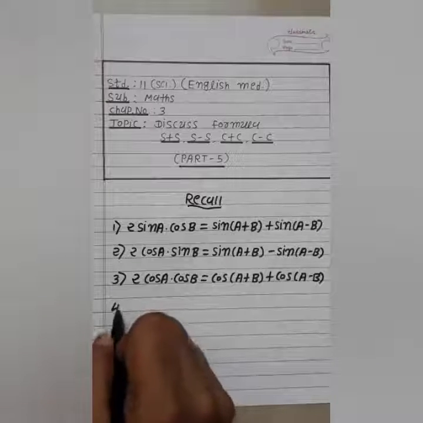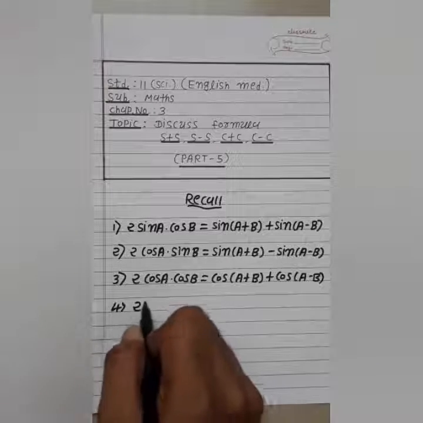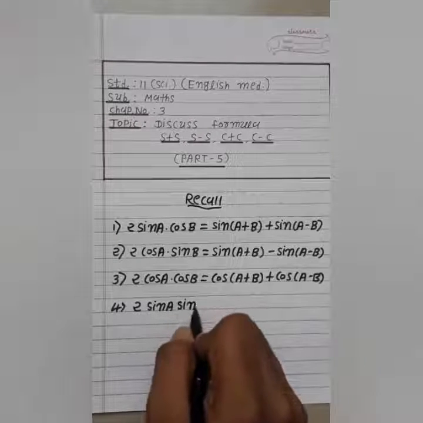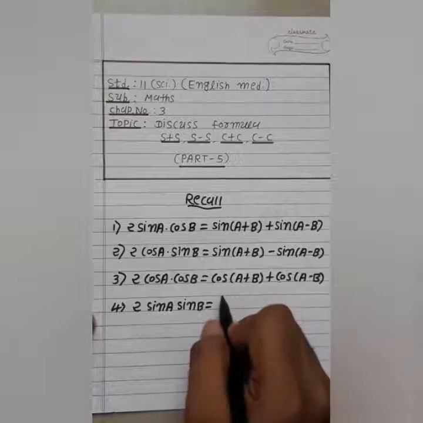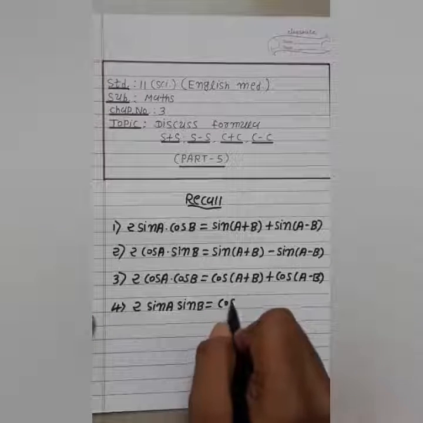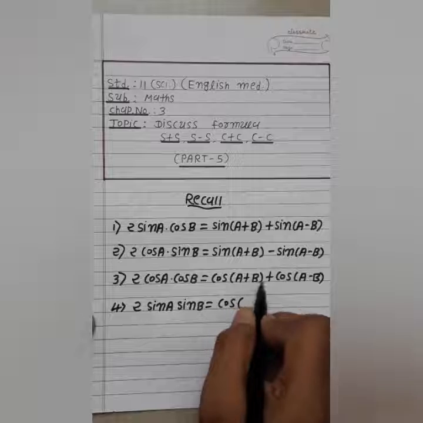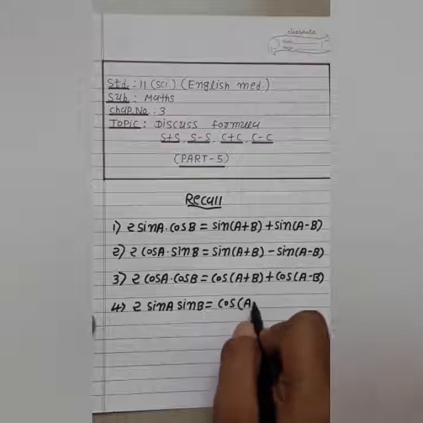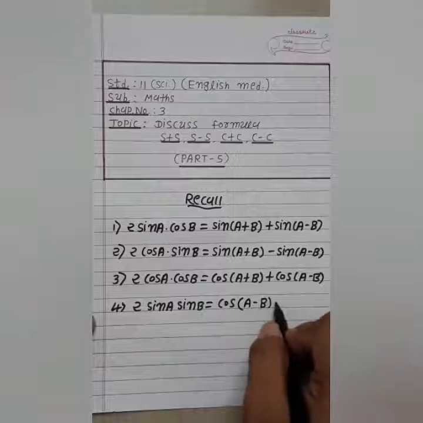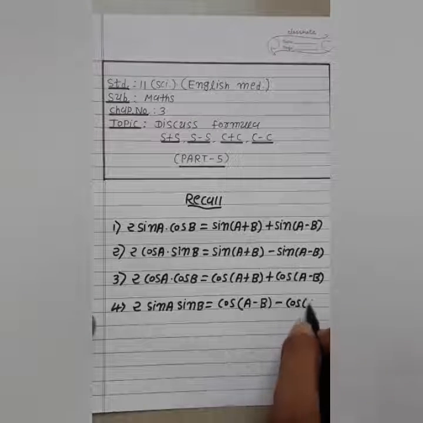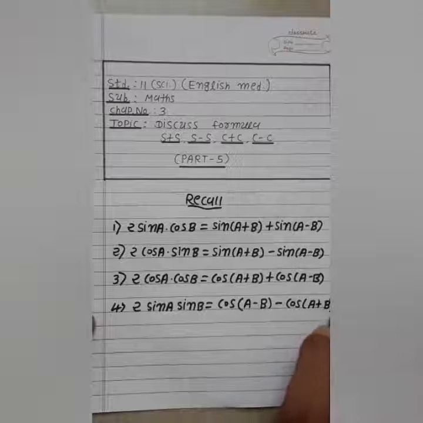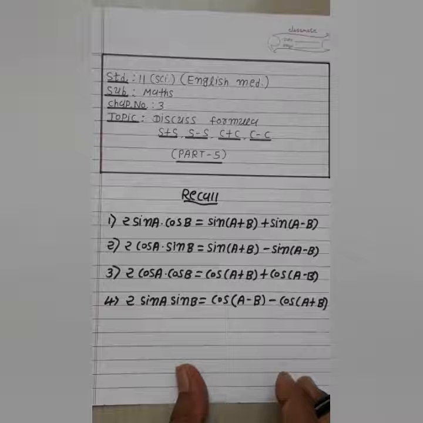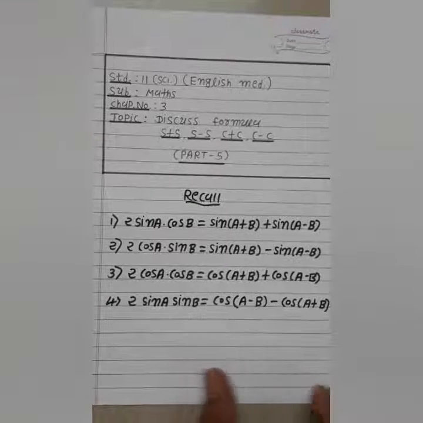And fourth formula: 2 times sin A into sin B is equal to, first we write a minus sign and after that a plus sign, so cos(A minus B) minus cos(A plus B). Okay. Now related to these formulas, let us discuss one example.